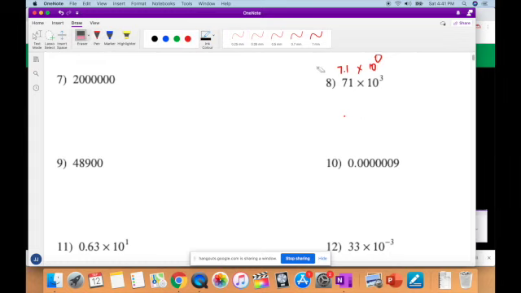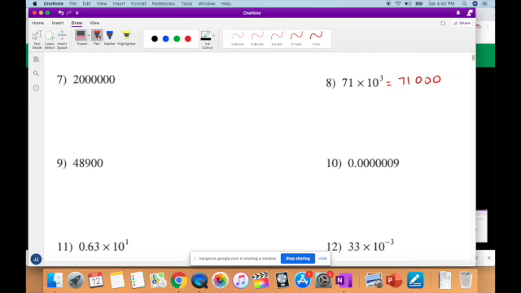We have to express this number in standard form. So we could say 71 times 10 to the 3 is 71,000, because remember, that is really 71.0, and you move 1, 2, 3, so you get 71,000.